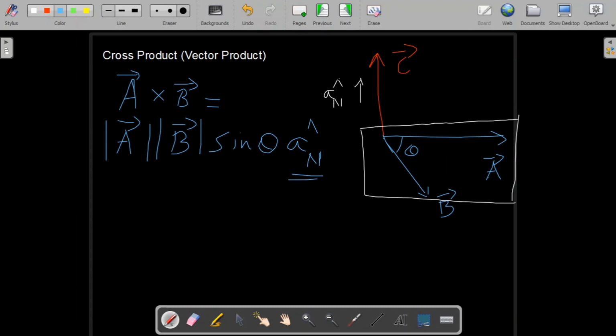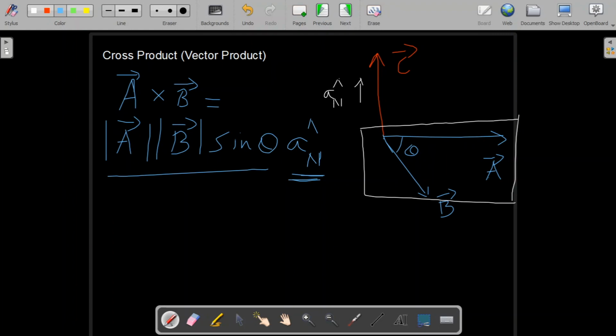By now you know that the cap is used for representing a unit vector. So by n cap, what I mean is that I am representing the direction using that unit vector, which is the normal direction. So the new vector formed will be in that direction. That's the meaning. So this entire part will give me the magnitude, and this will tell me the direction. Is that okay? And I hope this figure is also very clear.